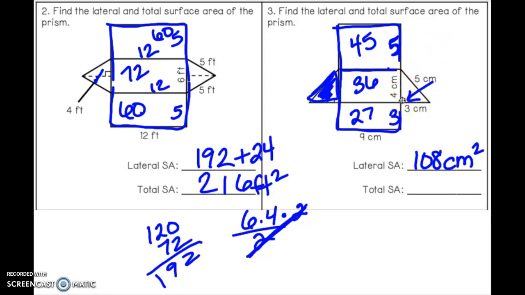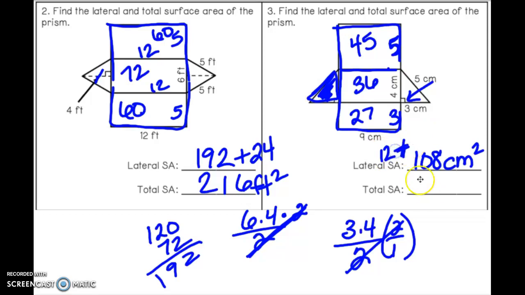So to add to it, we need 3 times 4 divided by 2, but then we're going to times the whole thing by 2 because I have 2 of them, but guess what? I can cancel those out. 3 times 4 is 12, and if we add those all together, we get 120 centimeters squared.